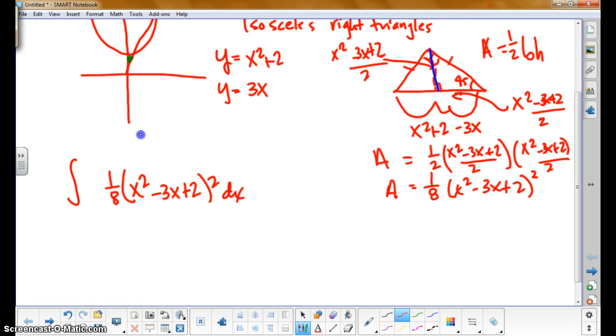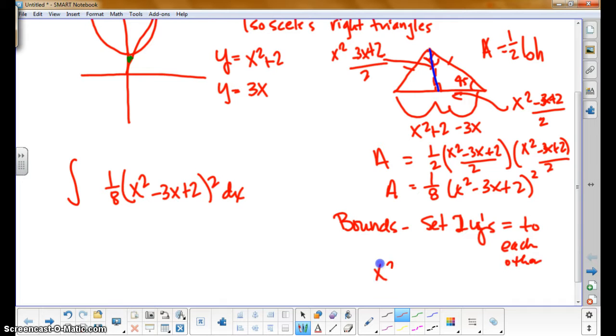So let's compute our bounds of integration. For the bounds, it's going to be where 3x and x squared plus 2 intersect. And so we're going to set the two y's equal to each other.